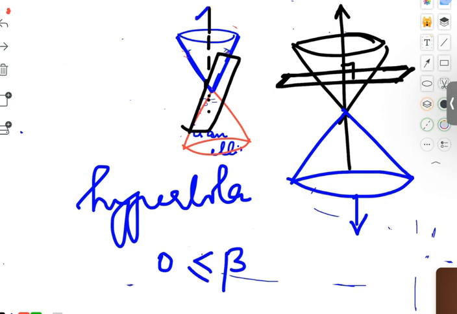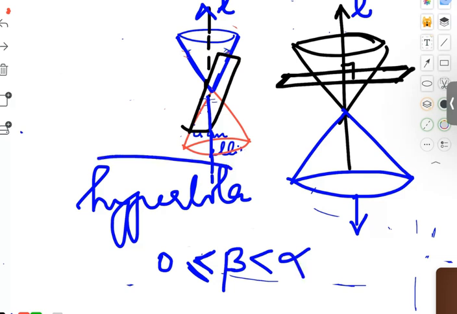Did you say beta is equal to 0? When the cutter passes through the axis, beta can be 0, or greater than 0 but less than alpha. Under this condition, the section you get is called a hyperbola.